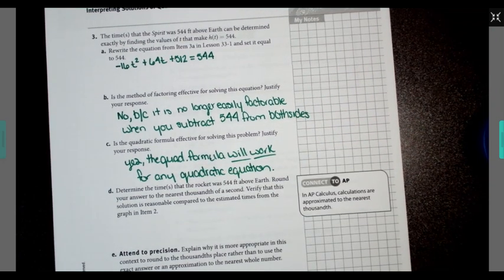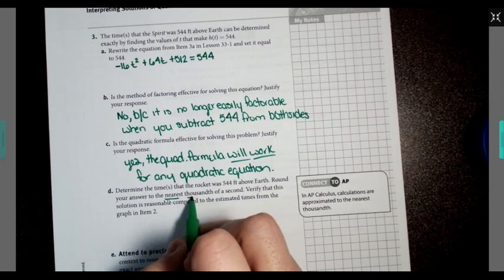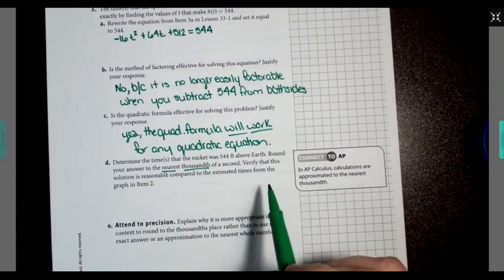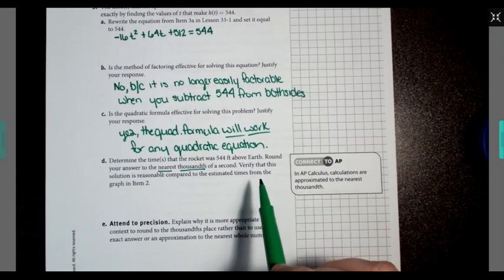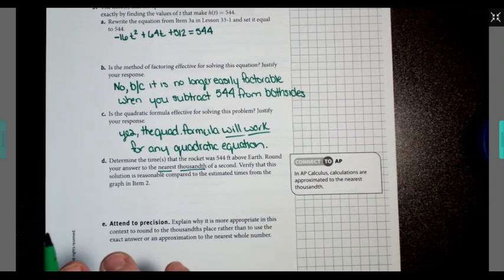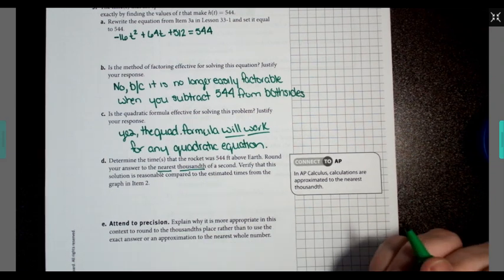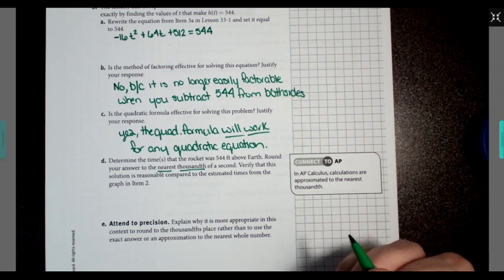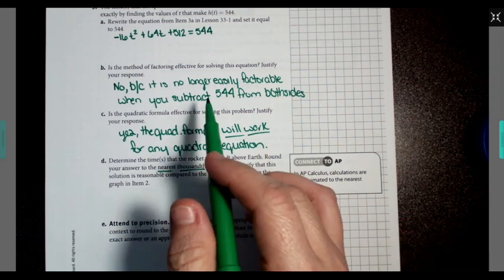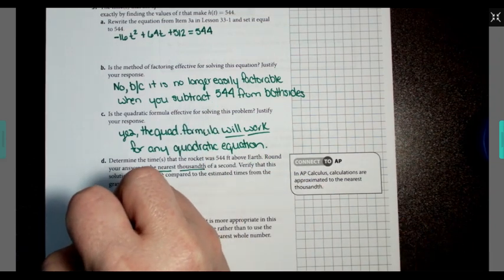Determine the times that the rocket was 544 feet above the Earth. Round your answer to the nearest thousandth of a second and verify that this solution is reasonable compared to your estimated times from the graph in item 2. All right.